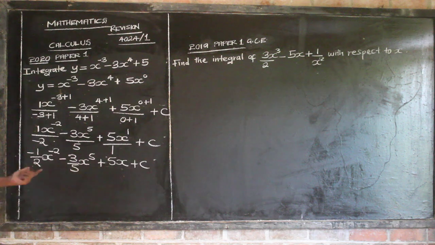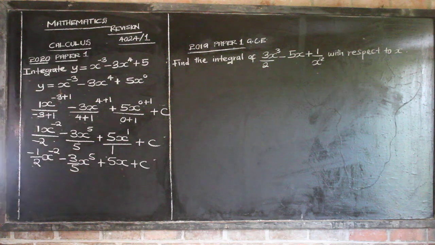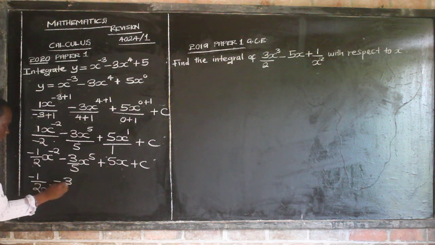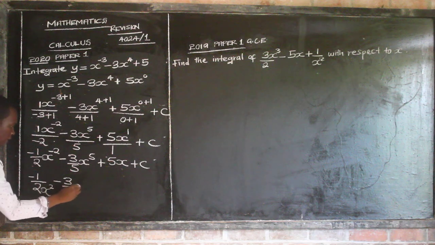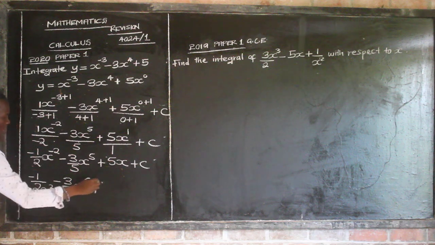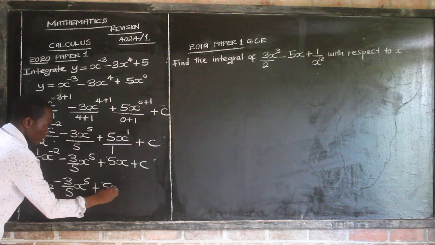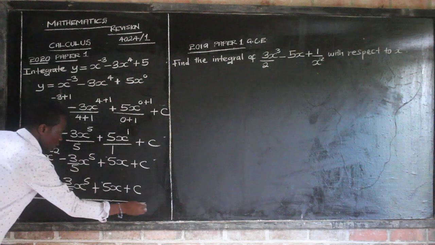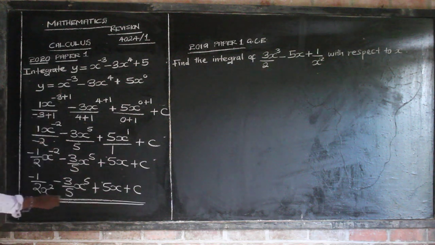You can leave your answer at this level, but it is advisable to leave this power. You're not supposed to have a negative power in short. So this can also be written as negative 1 over 2x squared, minus 3 over 5x to the power 5, plus 5x plus c. So this is the way we integrate this one.